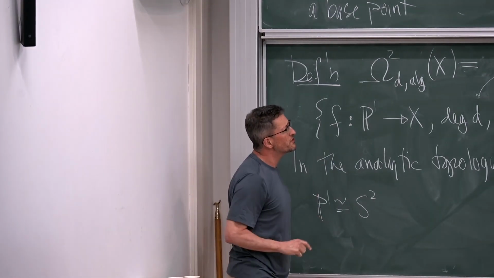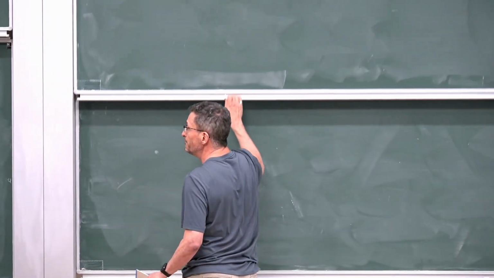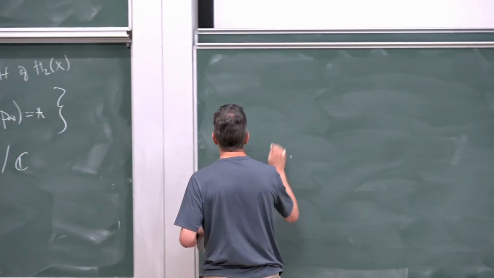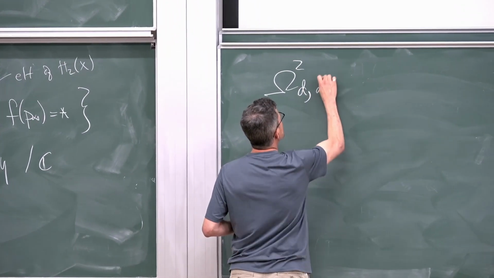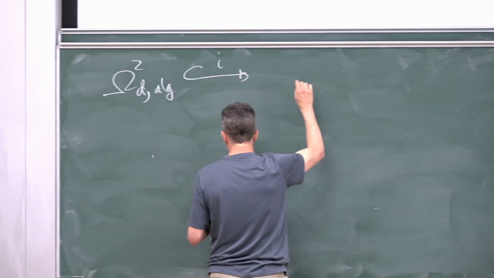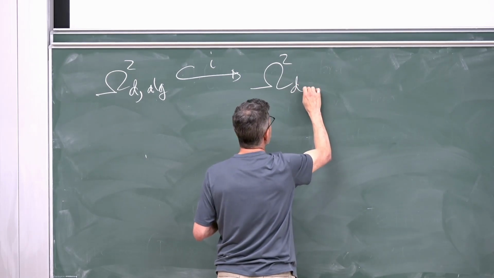So first of all, there's a natural inclusion of this algebraic space into the space that topologists might understand.